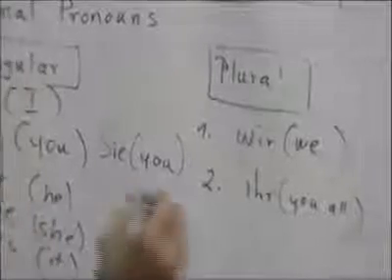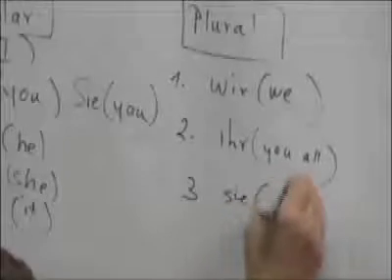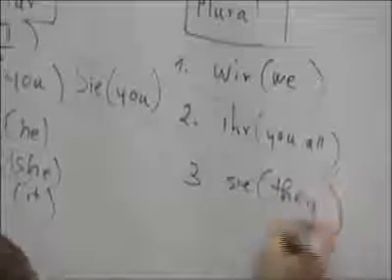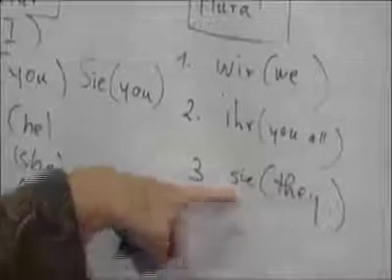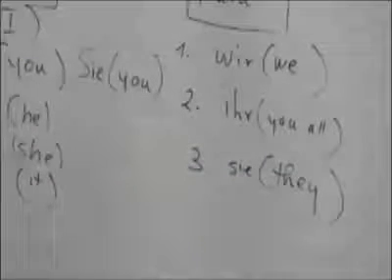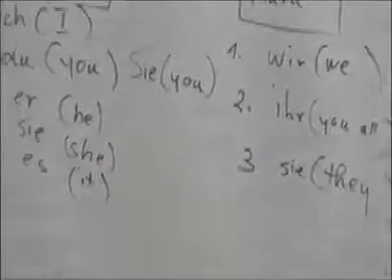And then we have the plural, sie, and here sie means they. As you notice, that little word sie has all kinds of different meanings, depends on how it's used in a sentence, okay? So you learn out of context what the sie gets interpreted as.